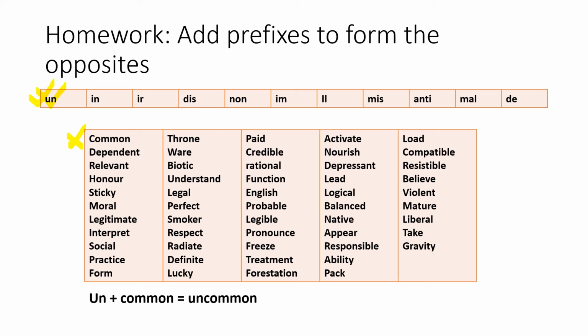And what you have to do is to add the prefixes at the beginning of this word, and you have to make the opposite word of the word given in the box. For example, if I add un with the word common, then becomes uncommon. So in this way, you have to select the prefixes to form new words.